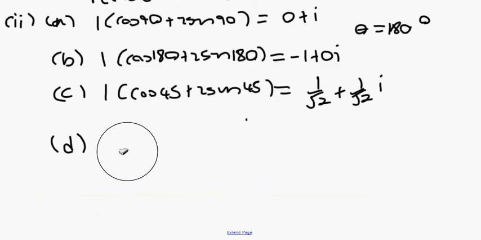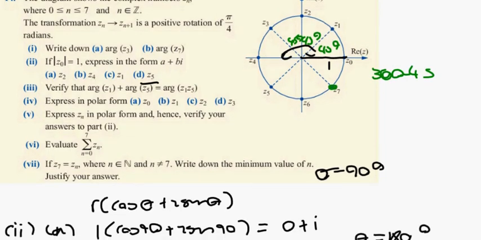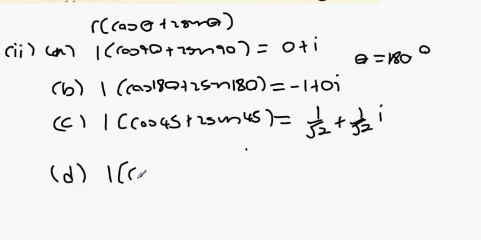Sorry lads, the last one I was meant to find out was Z5, which is this one here. And Z5 is 225, so it's 1 cos 225 plus i sine 225.